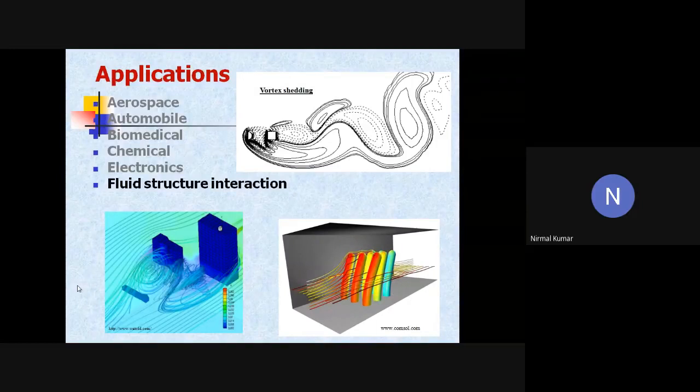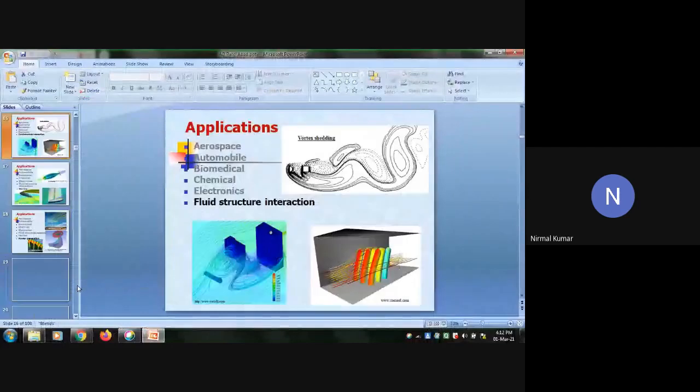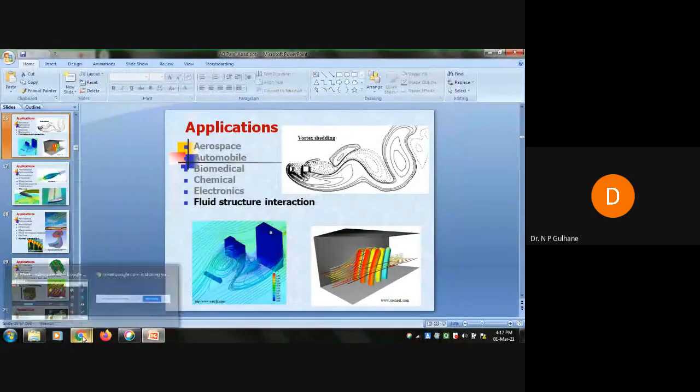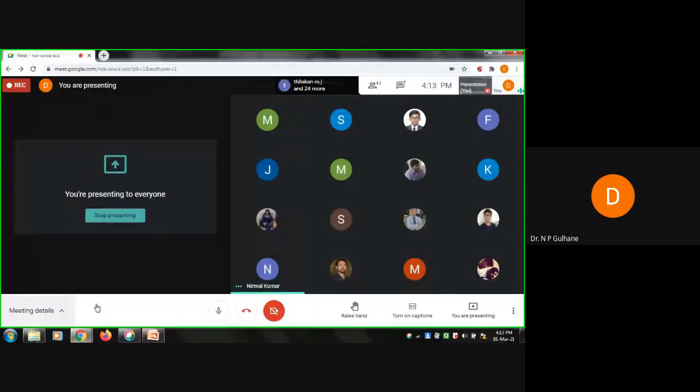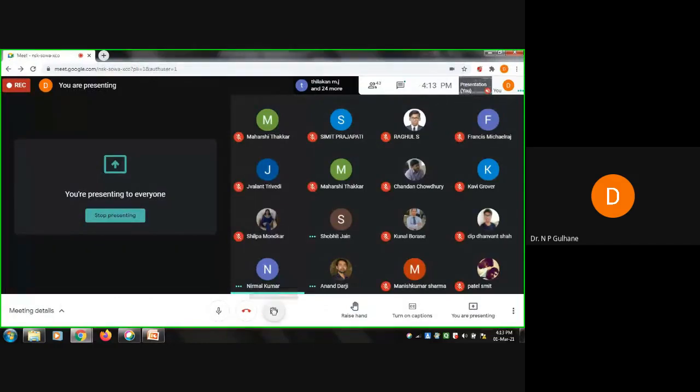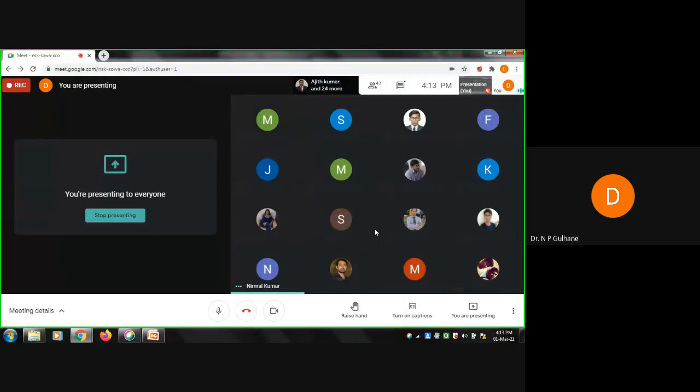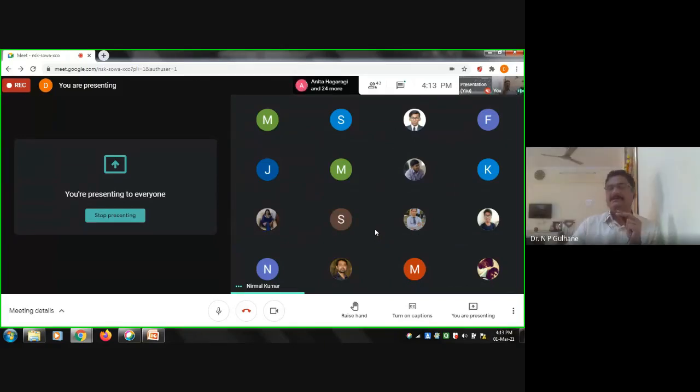Sir, MPI is actually used in FSI only, where both are combined and complex problems are solved. No, then I may not be knowing this technology. I have focused more on fluid flow and heat transfer characteristics.